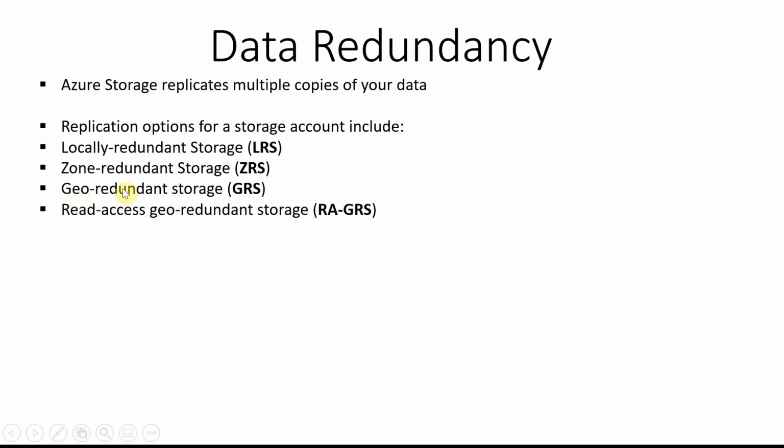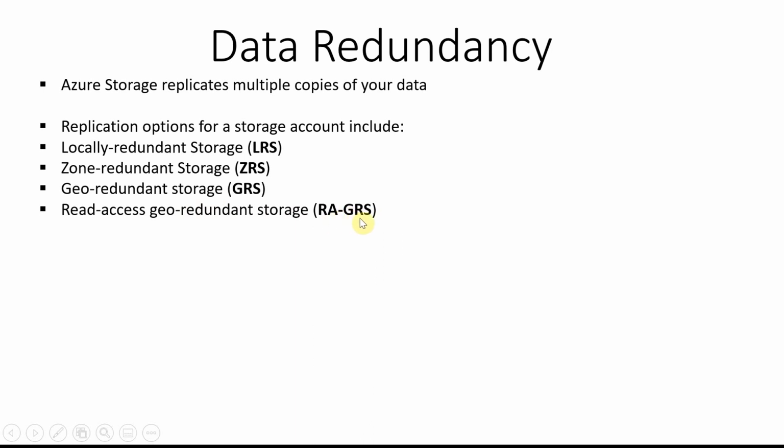That's why it's called geo-redundant storage, where the copy is stored in a different region altogether. And GRS has a variation, which is RA-GRS. RA is read access geo-redundant storage.